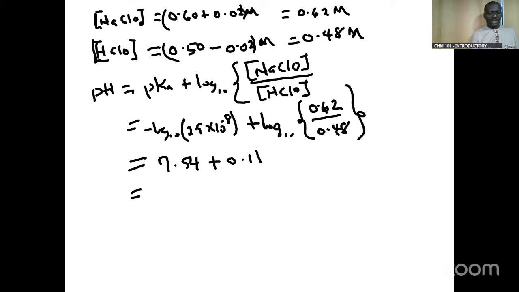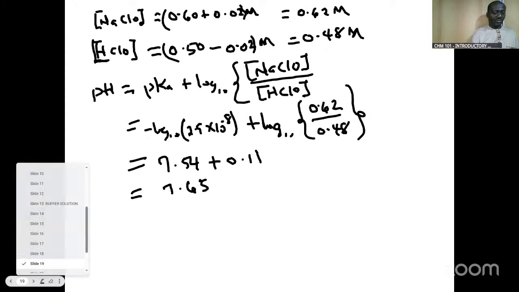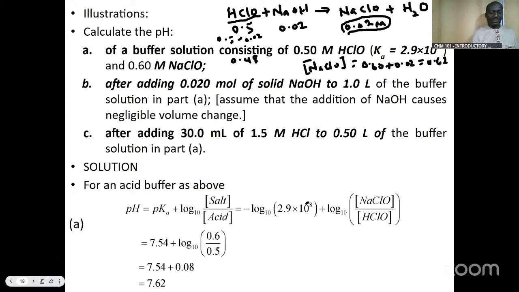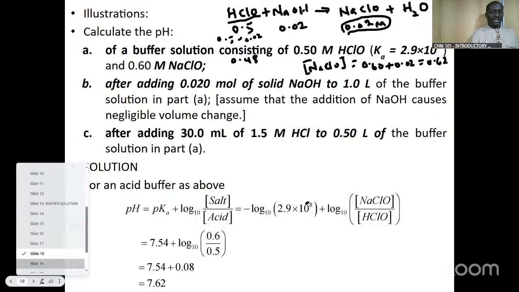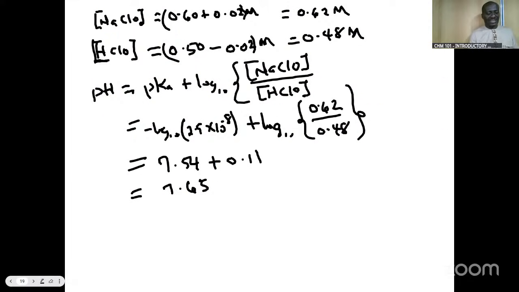And so you're going to get a new value of 7.65. Compare that to what you obtained previously. You have 7.62 here, and here you have 7.65. You can see the change is very, very minimal.